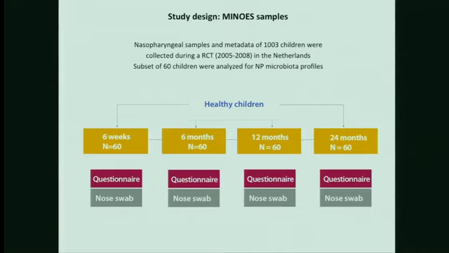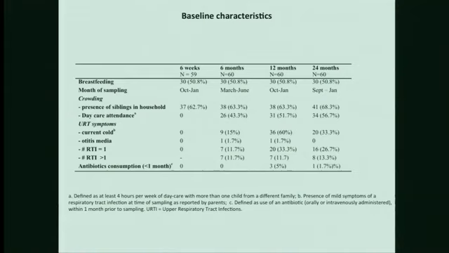And for these 60 kids, we have additional metadata. This metadata looks like that. We know whether particular children were breastfed, whether they had a cold, whether they were attending daycare, etcetera. Also, we know something about the respiratory infections there.